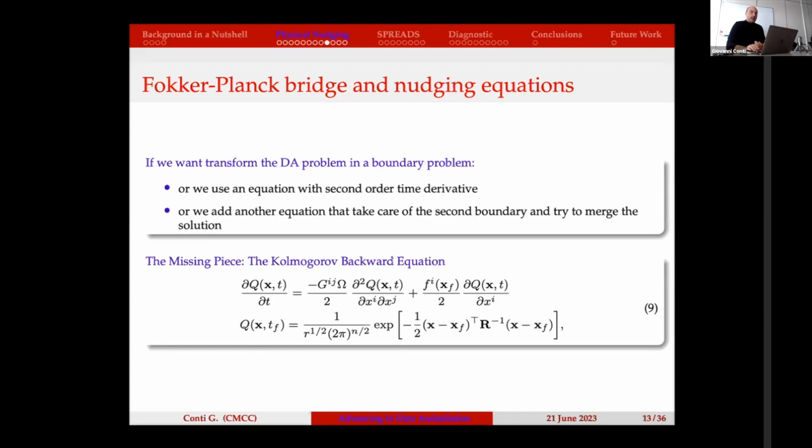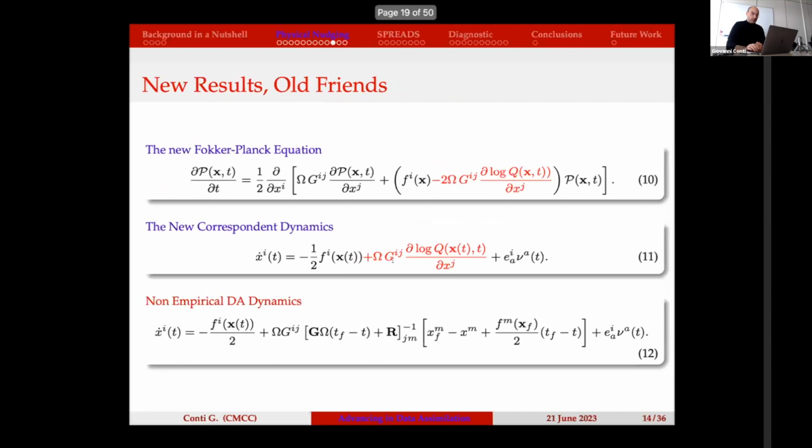So this is how we can introduce these two pieces of information in the game. And if we do the computation, we are able to find a single equation, a Fokker-Planck equation, that looks like the one I just showed, but with a new term, a potential that includes information on the observations.